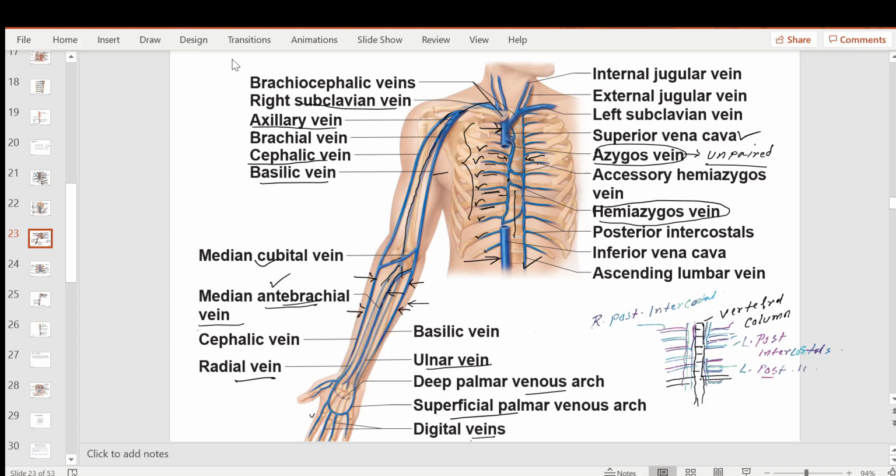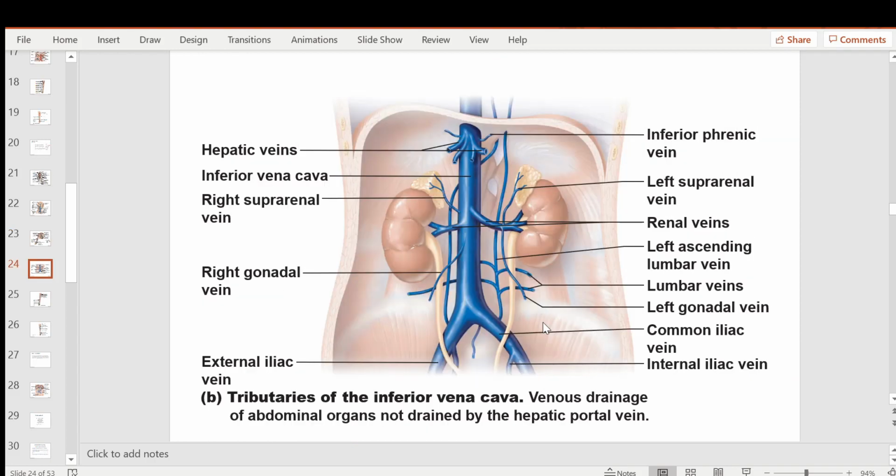So in this slide you have seen the veins of the upper limb and the thoracic part of the body. Now we'll see the major veins in the abdominal part. This is the inferior vena cava, the largest vein in the abdominal part.